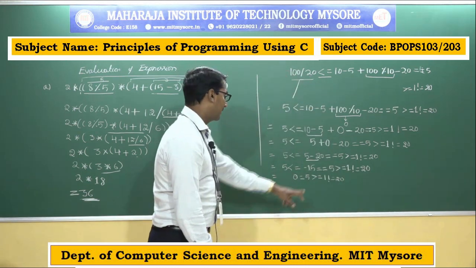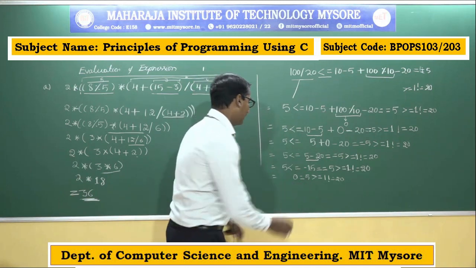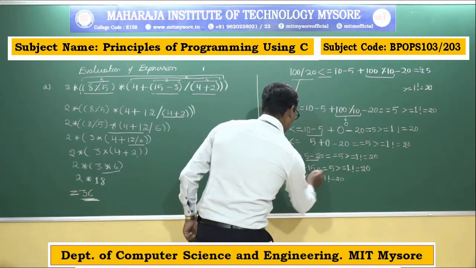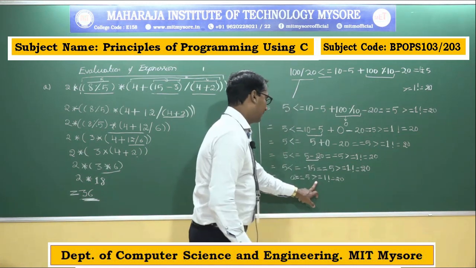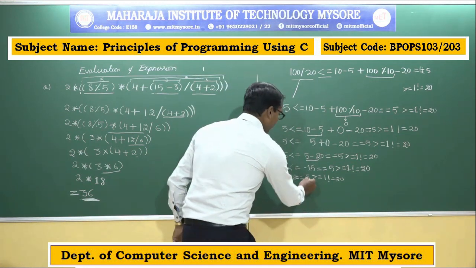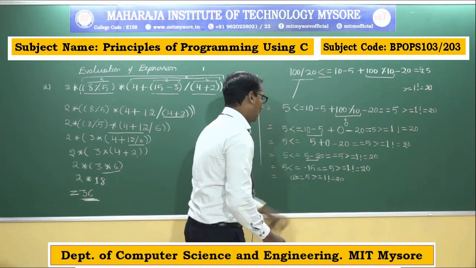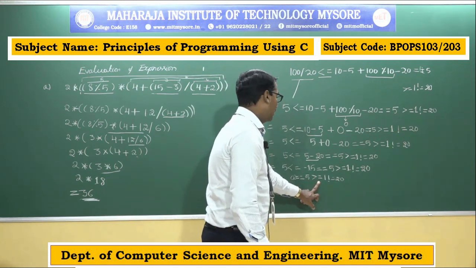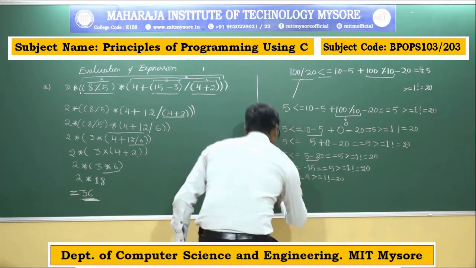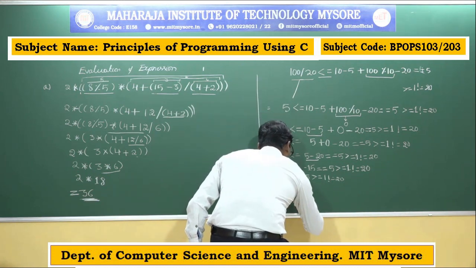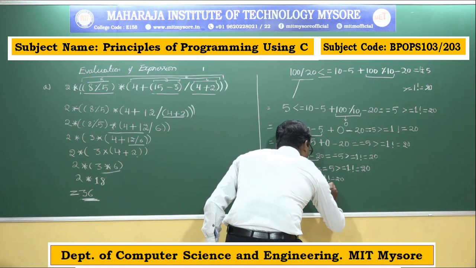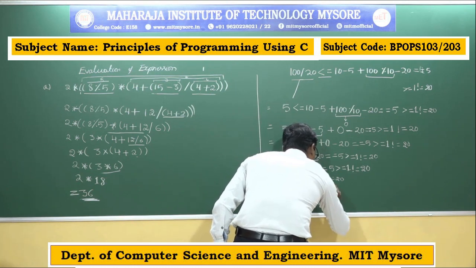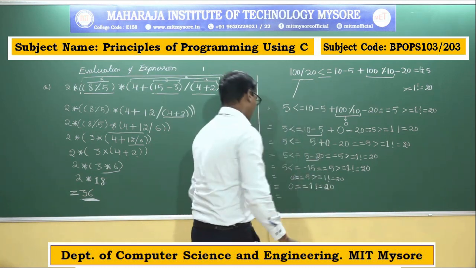Next, the relational expression with the highest precedence is greater than or equal. So 5 >= 1, here the condition is true, so this will be 1. Then 0 == 1 != 20.